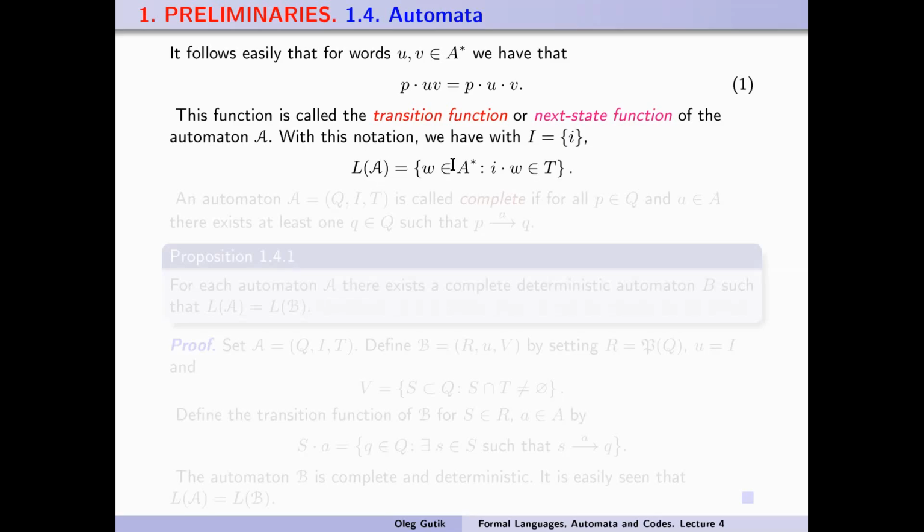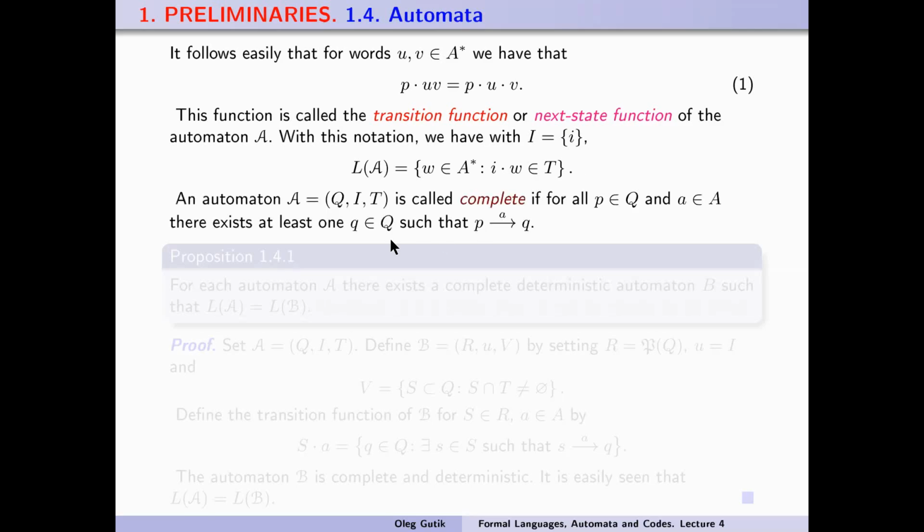With this notation, the set of initial states of the automaton contains only one state, and the set of recognized words of this automaton has the following form: words W from our alphabet A capital such that the initial state multiplied by the word W belongs to the terminal states.